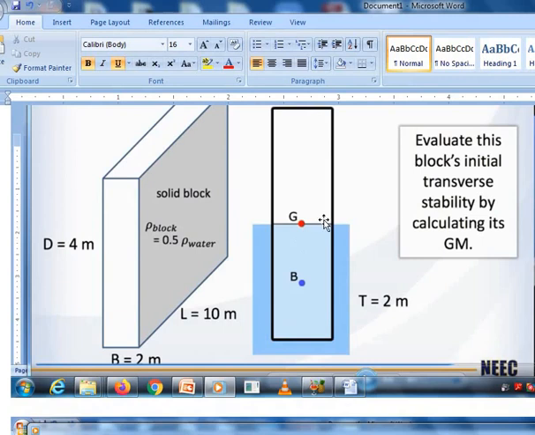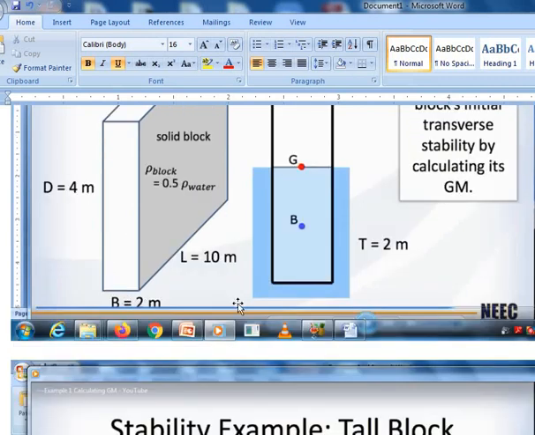This same block, you see where the water level now is. The height, half of it, which was where the water was, is now 2. Now the draft is 2 instead of 1 because of how we turned it. The length is still 10, but the breadth has changed to become the height, which is 4, and now this breadth is now 2.